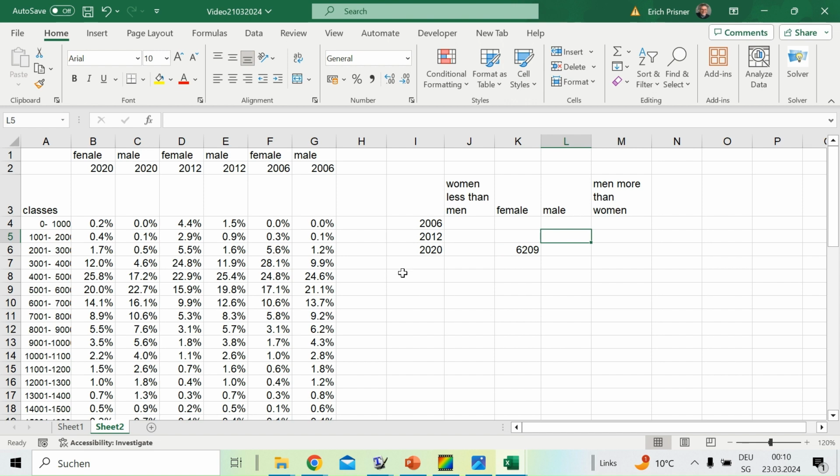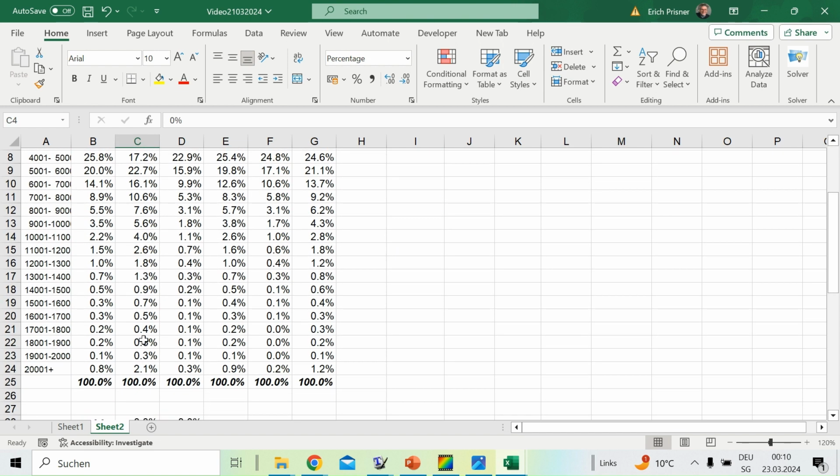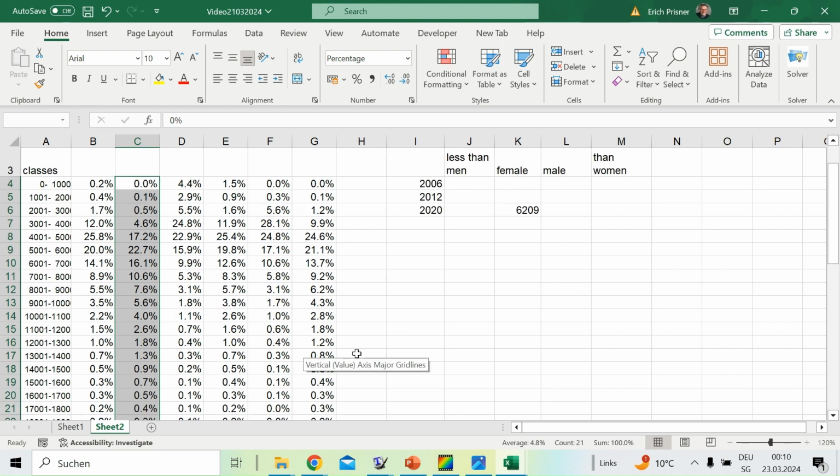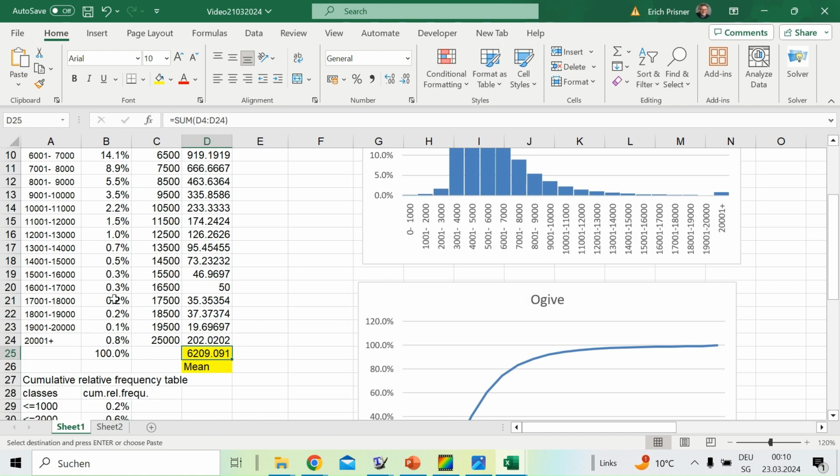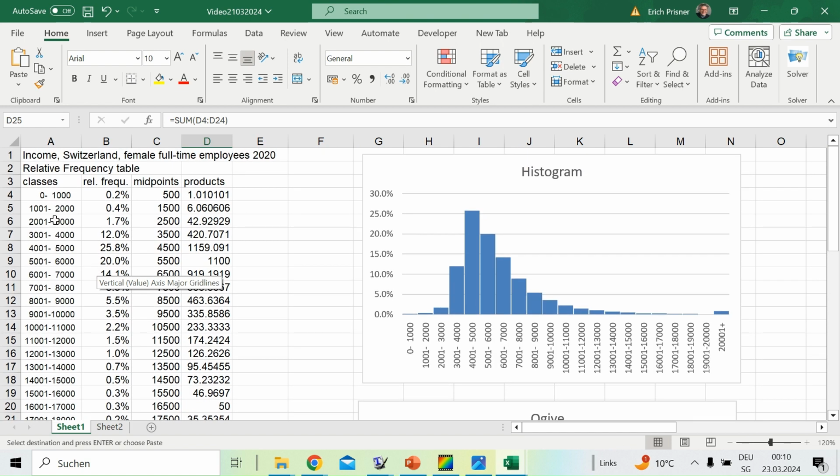All right. Male 2020. All I need to do is highlight this column. I copy. I go to my average machine, and I put this one into my column for the relative frequencies. I can use the ordinary paste here because these are not formulas.